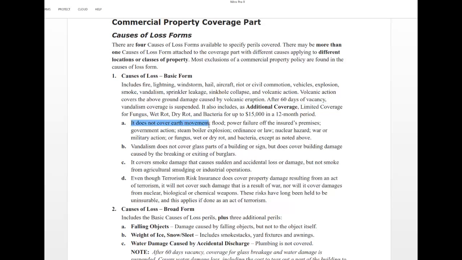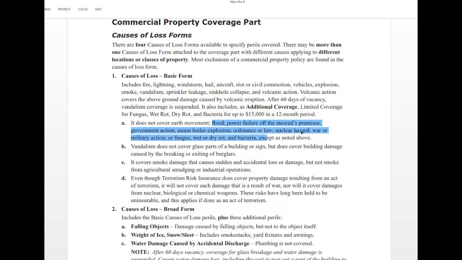But I do see this on all of them. It does not cover earth movement. And then we have flood, power failure, government action, steam boiler explosion, and ordinance of law. I can't help that. If the law decrees a certain thing, that can't be overwritten.